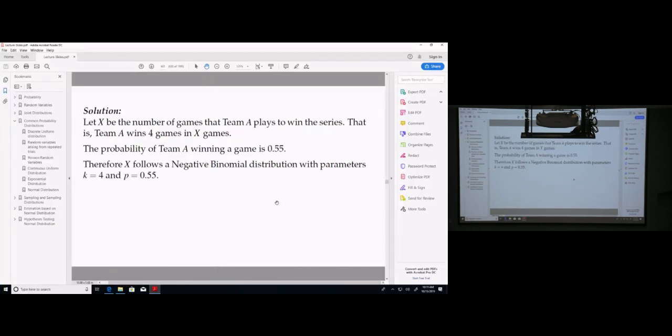So again, if this is A's win, you put the A at the 6th game, and then there are 3 A's that you need to put in games 1 to 5, right? Because A would win 3 games out of the 5 previous games. And then there are 2 empty slots that you have to fill in for B. So basically, you do it this way.